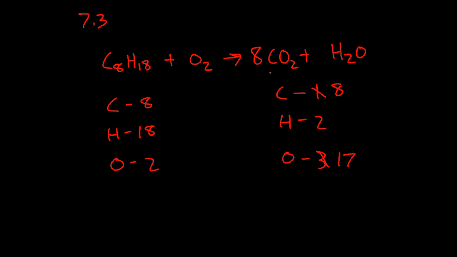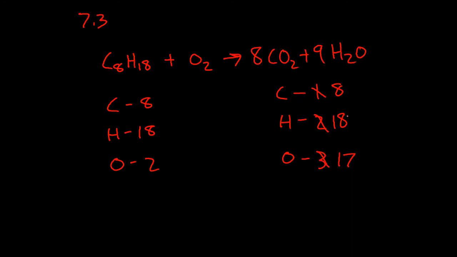So to get the hydrogens to balance, I have 18 on the left, only 2 on the right, but I can get 18 with a 9. So 9 times 2 will give me 18.